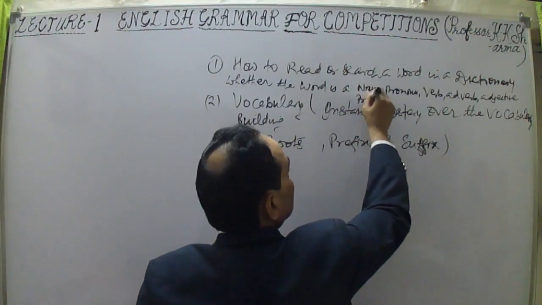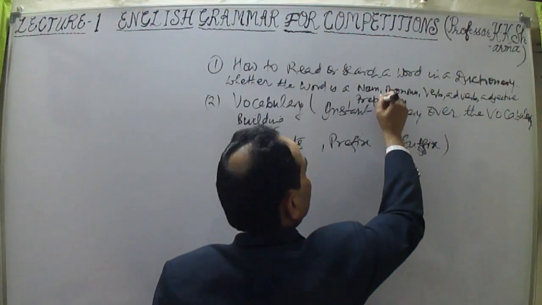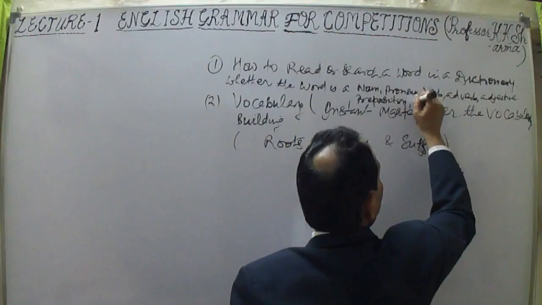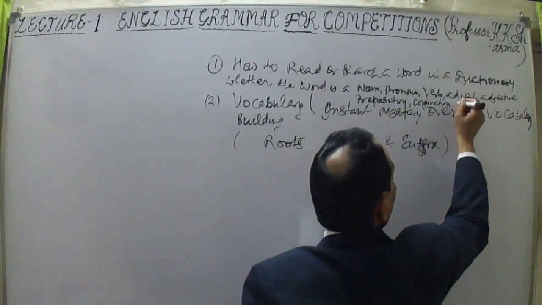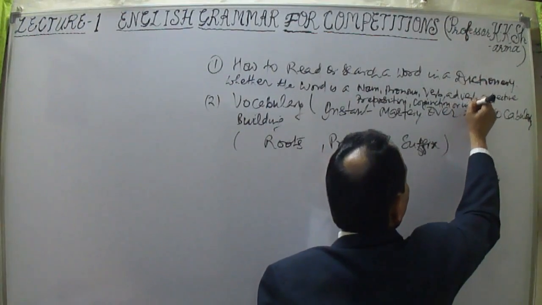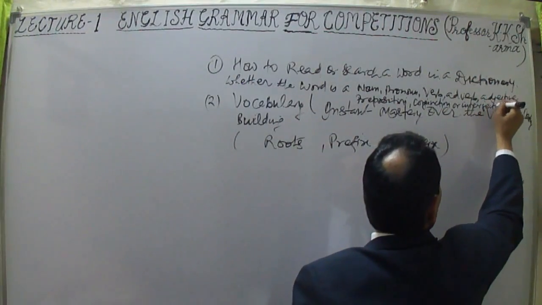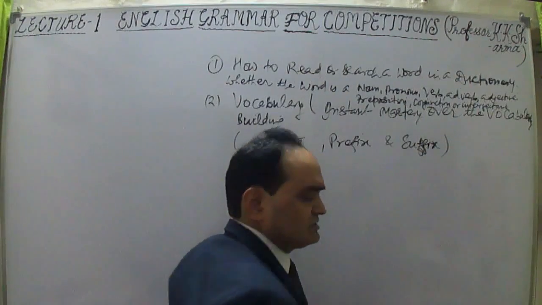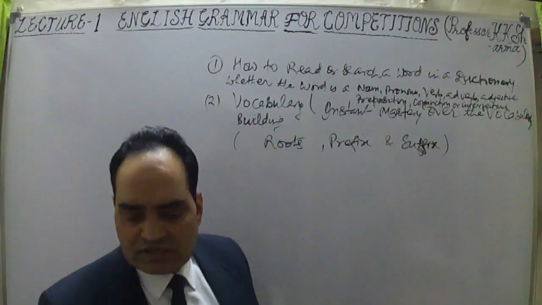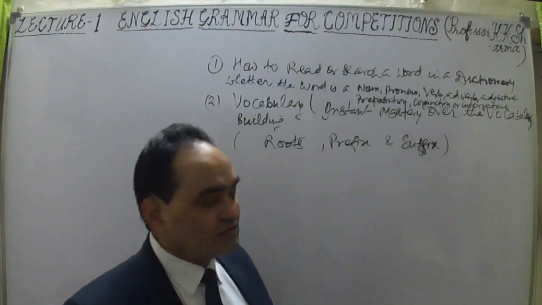I'll talk about all these parts of speech. These are 8 parts of speech. All these things we have to see. Or it is an article, it may be a gerund, it may be a participle, present participle, past participle, or what kind of participle it is.